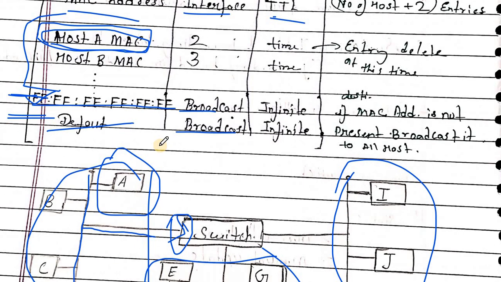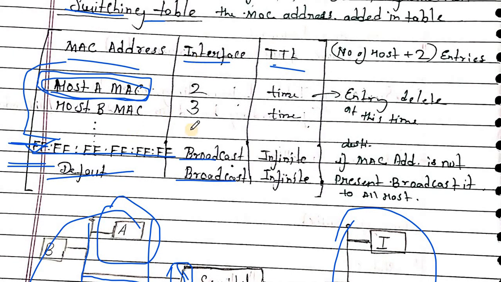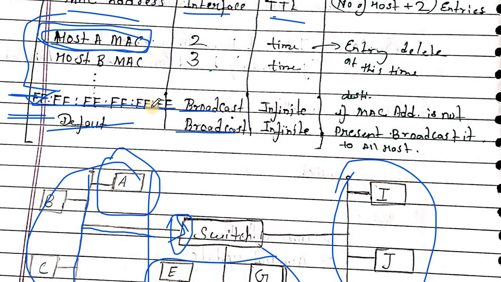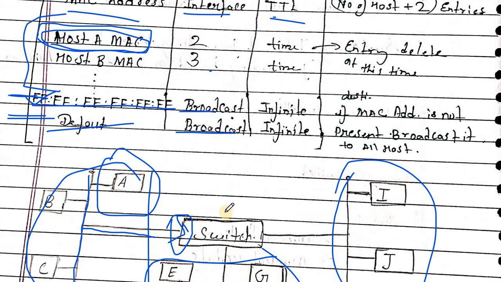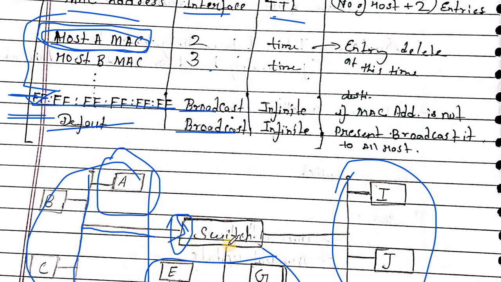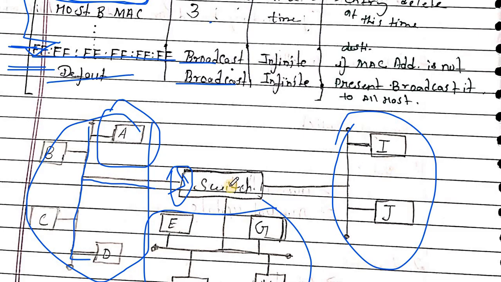If the destination MAC address is in its switching table, then it checks the interface. If the destination is on another interface, then it transfers that frame to that interface or port.